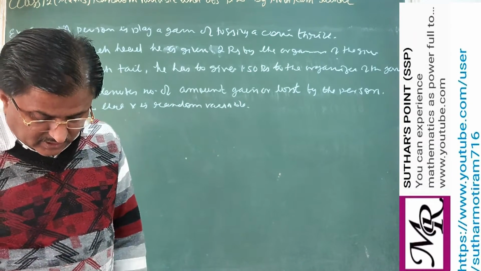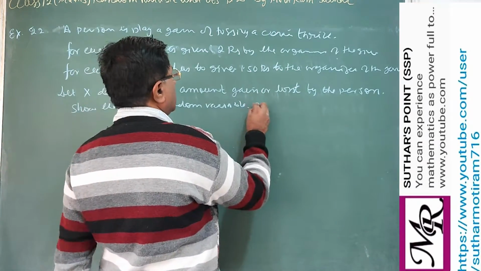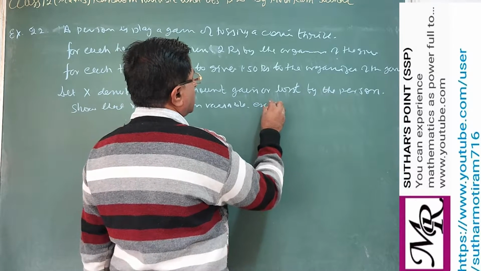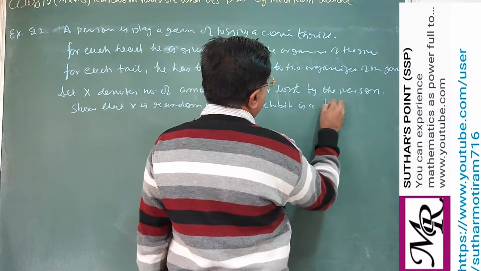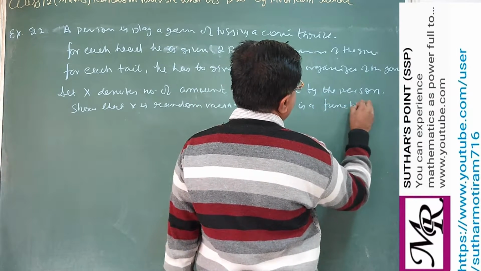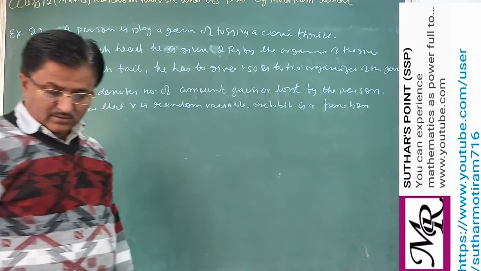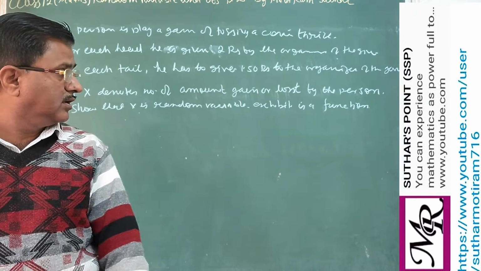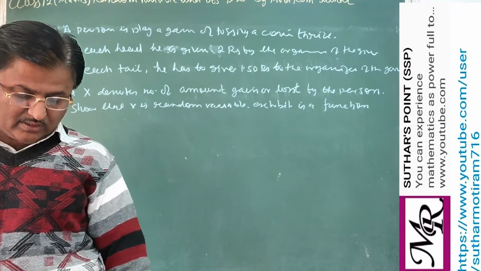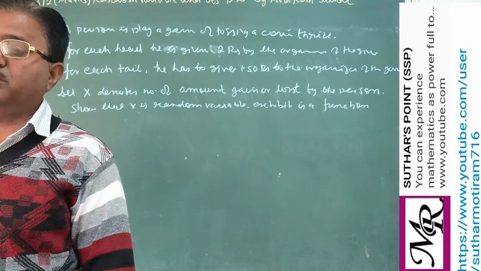Exhibit it as a function on the sample space. It is a function, so you have to also show this is a function. Clear?